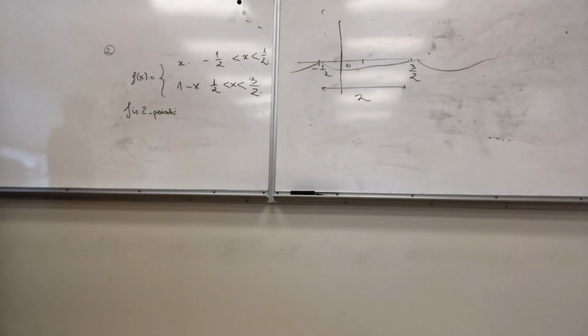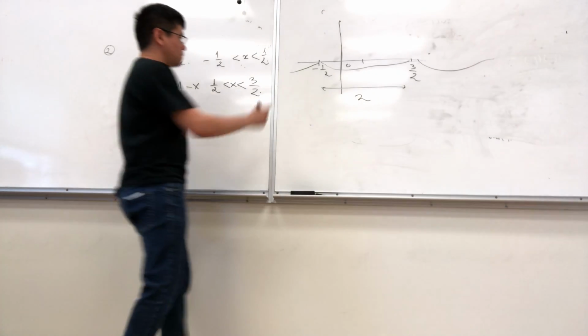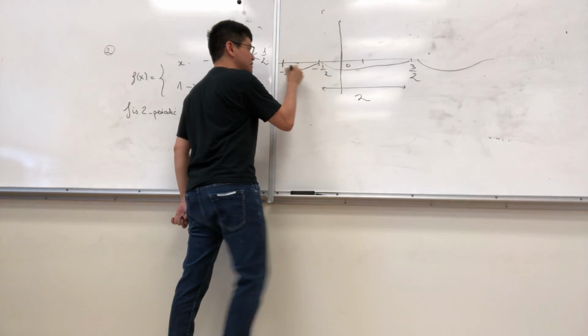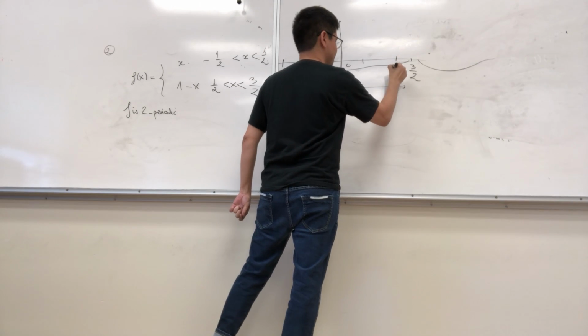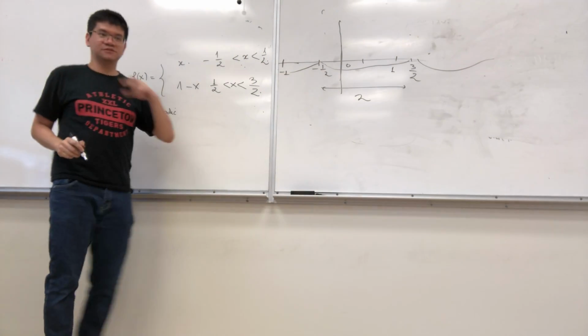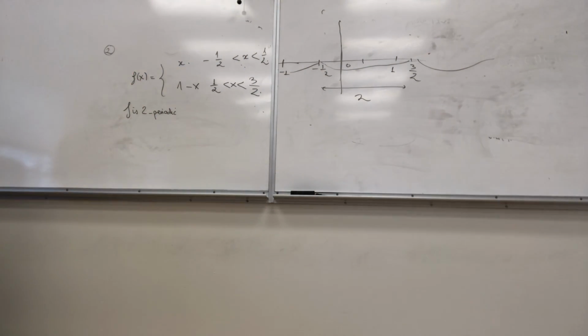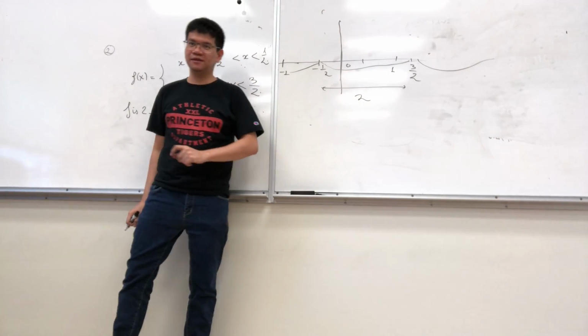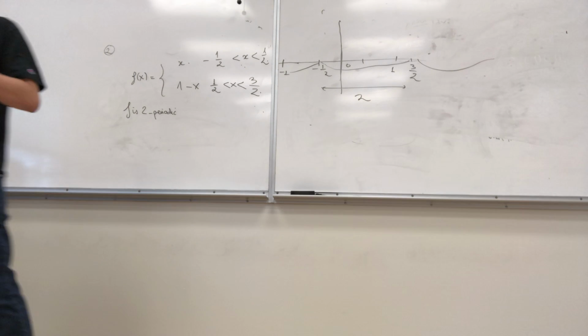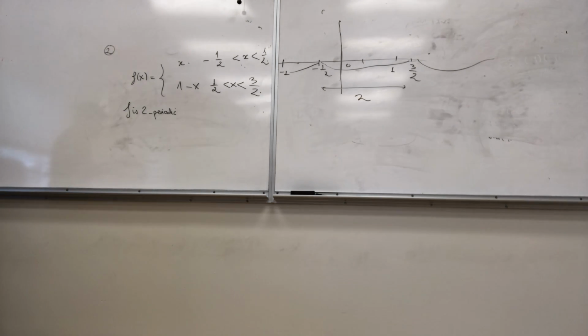And the function that we are used to is from minus 1 to 1. So the idea is that you have to pull it to minus 1 and 1, right? So that you have a standard function that we know how to do. Is it clear?